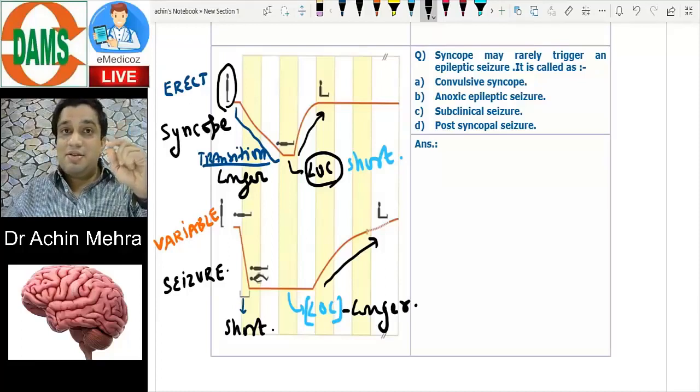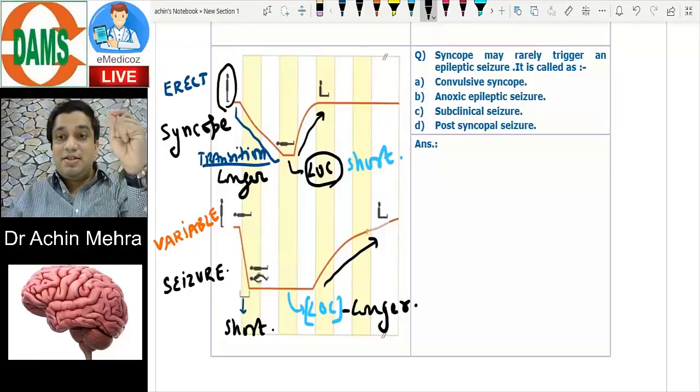Remember this. Because hypoxic injury in the brain has been the main reason for the seizure to happen, and that hypoxic injury has been due to decrease in the blood pressure when the patient was in an erect posture, standing for a very long time.